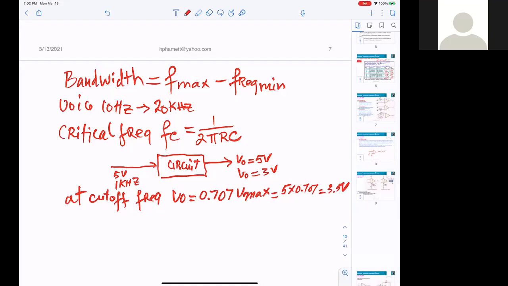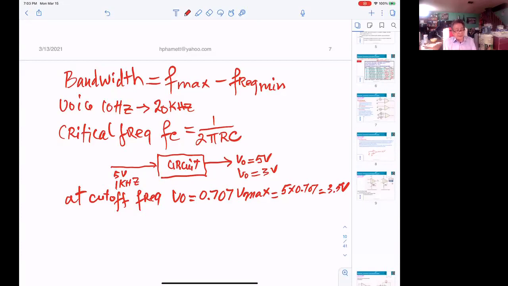Minus 3 dB. That means at the cutoff frequency, output goes down minus 3 dB. That is the way you talk about it. But for the calculation, you cannot use minus 3 dB. You must use 0.707.